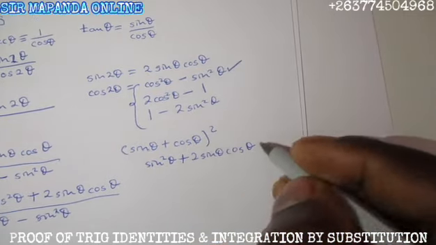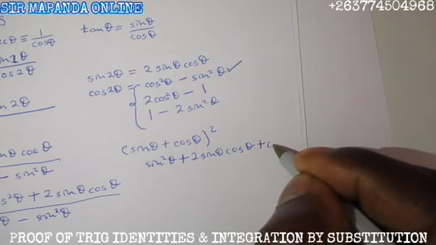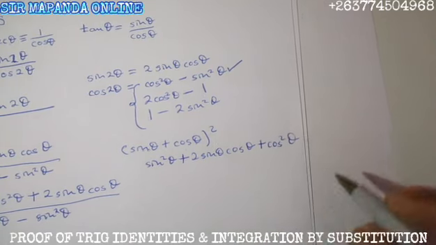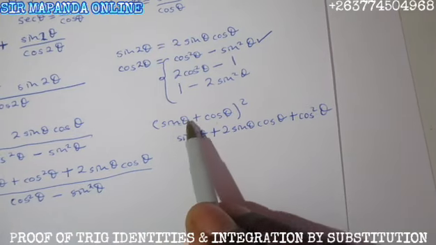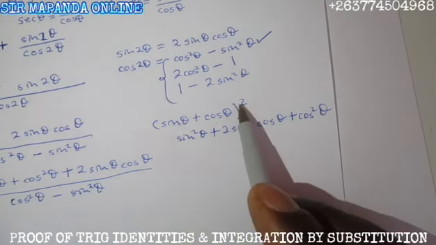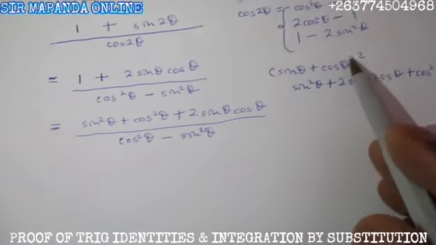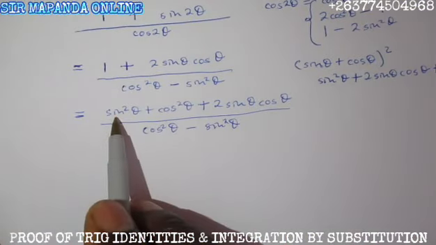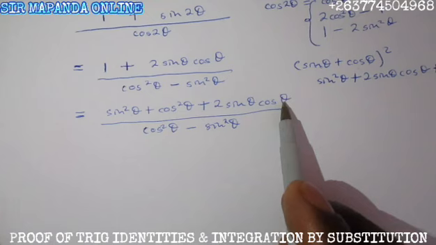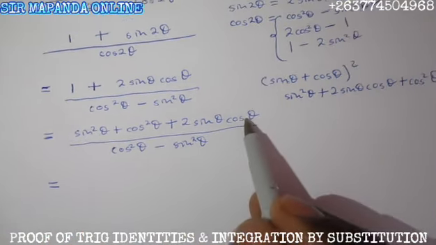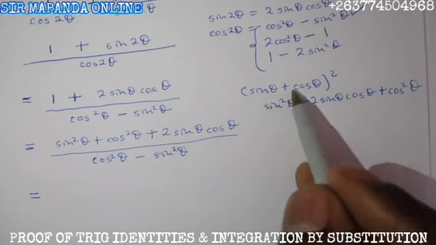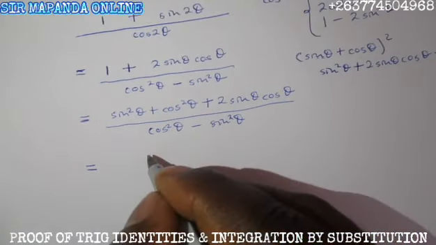And the last term is cos θ; if it is raised by power 2, you get cos²θ. So you can clearly see that the answer you get when (sin θ + cos θ)² is expanded is similar to the numerator here. So I'm going to replace all these terms on the numerator by (sin θ + cos θ)².